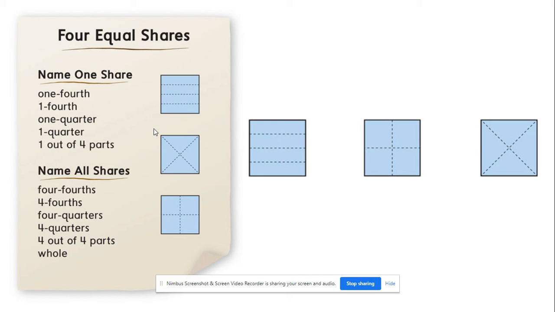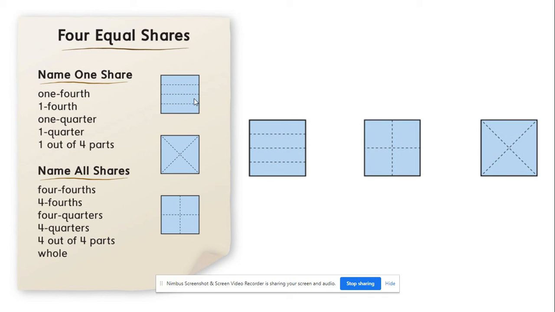There are a lot more names for when we're splitting things into four equal shares. So come on over here and let's take a look. When we have something broken into four equal shares, we have one fourth, which can be written either one of these ways. We can also say one quarter. If you think of quarters like we have in money, it takes four quarters to make a dollar.